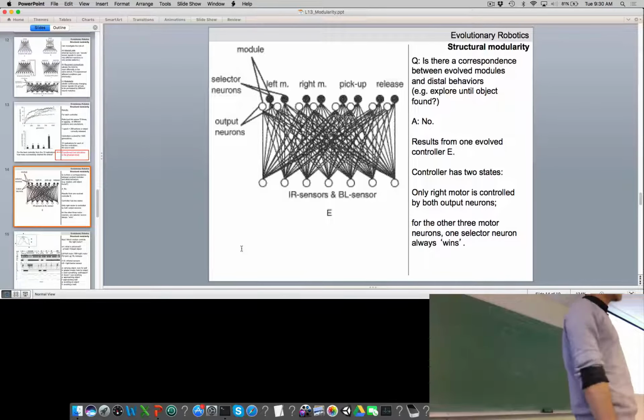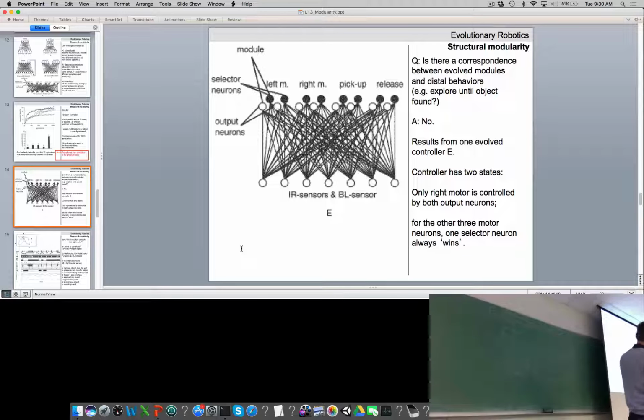Let's have a look at what happened in one evolved controller E. This is one of those 7 successful individuals. Only the right motor was controlled by both output neurons. What that means is that when this individual was driving around in the physical robot, there was a switch between these 2 selector neurons.